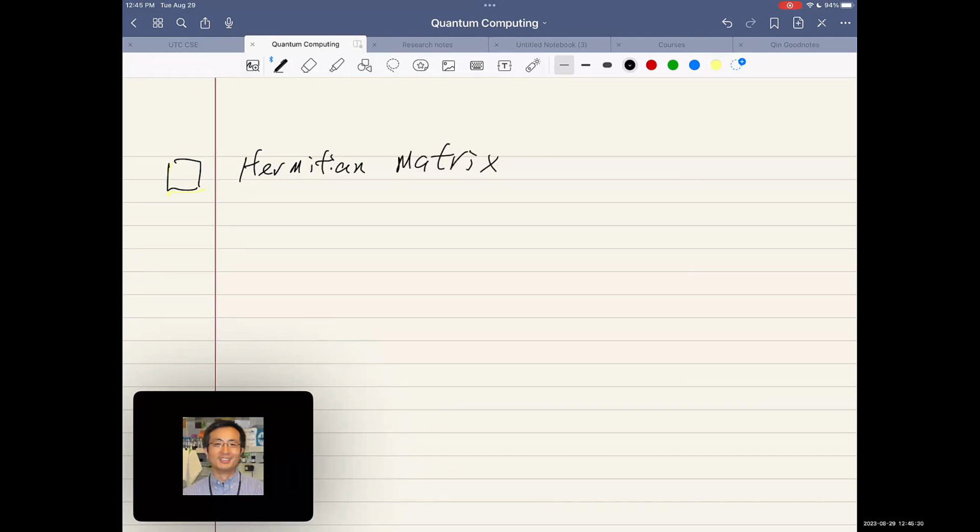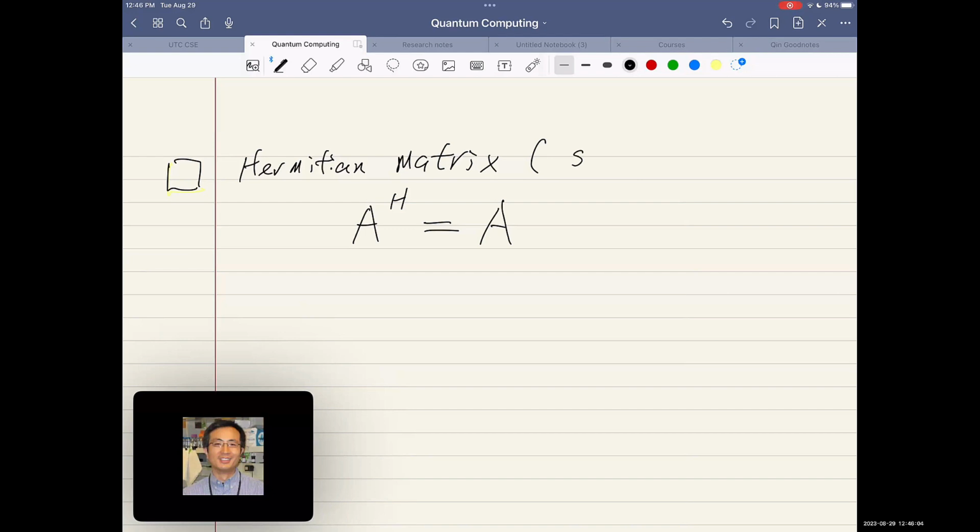The definition of the Hermitian matrix is: if the Hermitian conjugate transpose of a matrix is equal to itself, then this is called a Hermitian matrix. You can look at Wikipedia, there are a lot of different names for this.